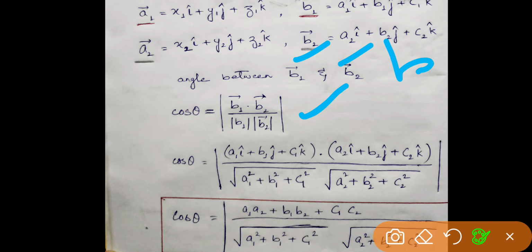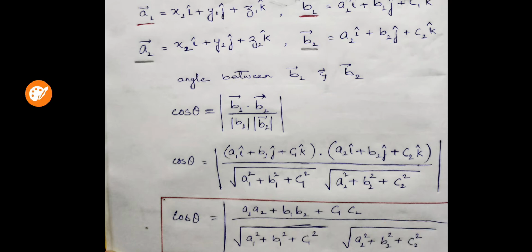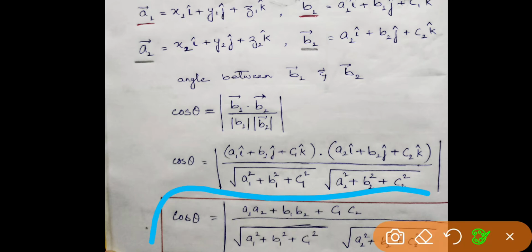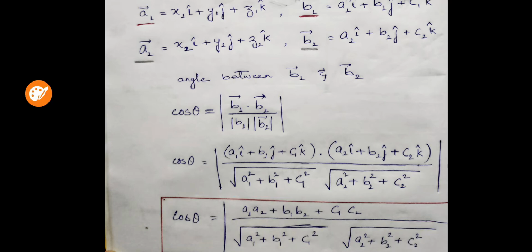You already know what b1 is, and b2 you know from here, and the modulus will be the square root of a1 square plus b1 square plus c1 square, and a2 square plus b2 square plus c2 square. We don't need to shuffle, just multiply this one and this one. i dot i is 1, j dot j is 1, k dot k is 1, others will be 0. So this is what we get, our angle between two vectors.